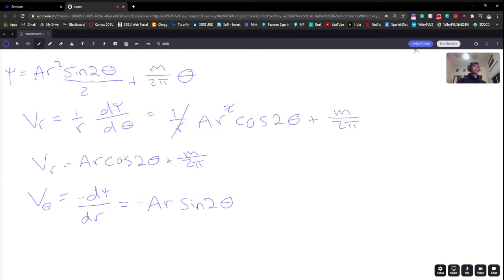In the problem, it said to determine the relationship between bump height h, constant a, and source strength m. This equation only has a. It does not have the source strength or the height, so we're going to plug our values into our v sub r equation.